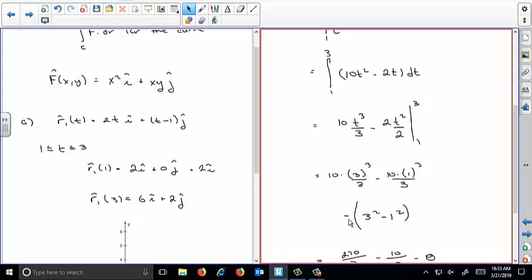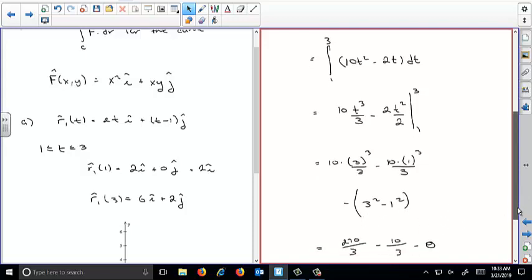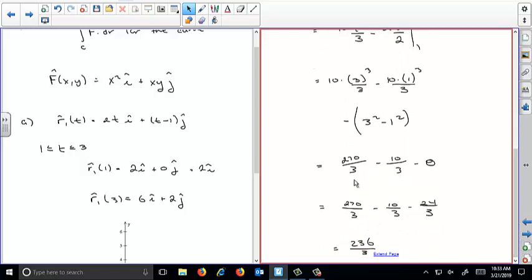And then I subtract, that negative sign goes there. And I've got just t squared, so if I cancel out the 2's here, I get 3 squared minus 1 squared. And you do the fractions. Well, you get 270 over 3 minus 10 over 3 from here, and here you get 9 minus 1, which is 8.